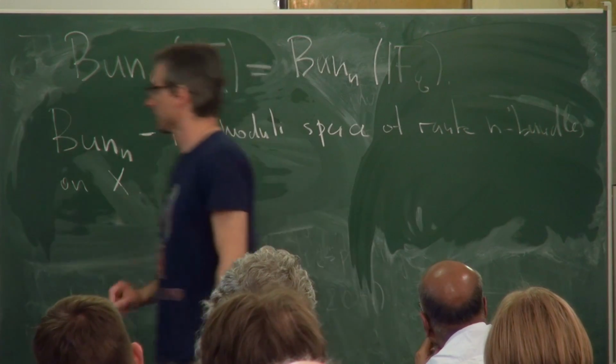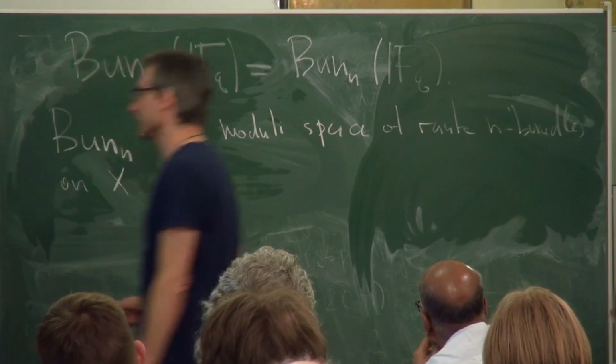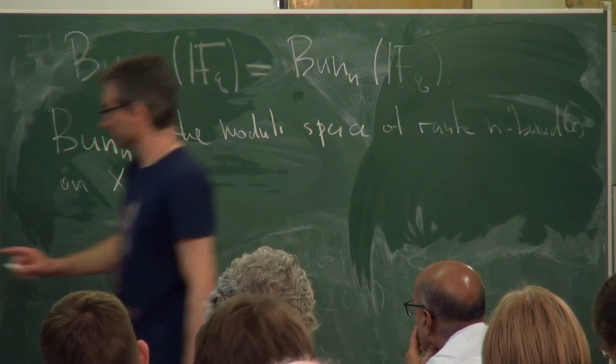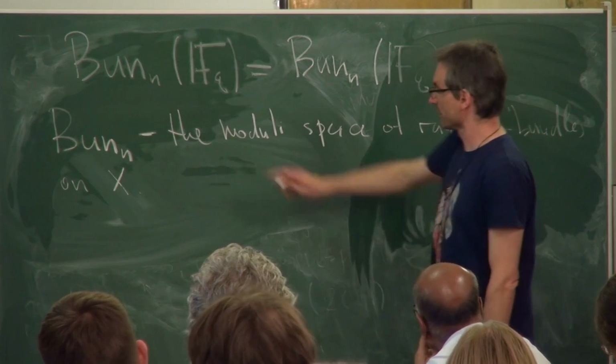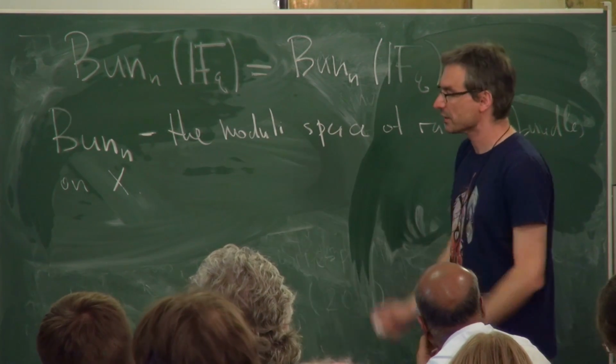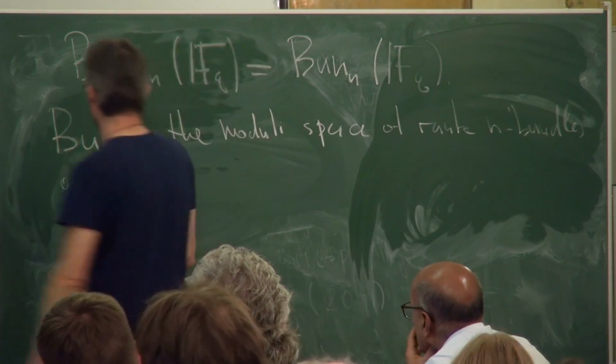And so Drinfeld said, how about instead of constructing an element of the space of functions here, how about we try to construct an object of the derived category?